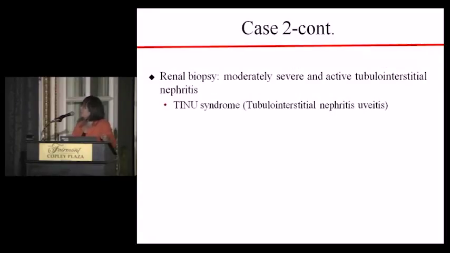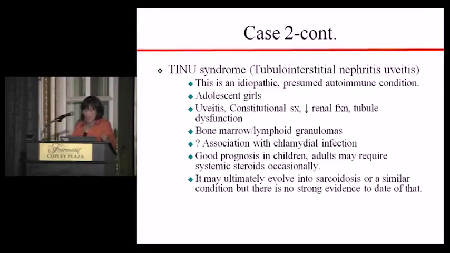So again, she also underwent renal biopsy, and it shows moderate to severe and active tubulointerstitial nephritis. So together with her anterior uveitis, this patient has TINU syndrome. What is TINU? TINU syndrome is an idiopathic TIN. It is thought to potentially be an autoimmune condition.